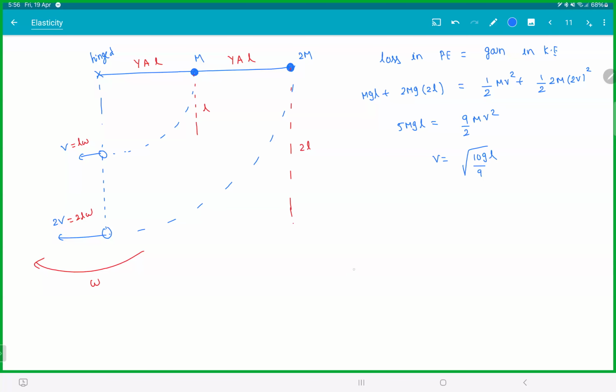Now, if you take the 2m mass, the forces are tension T2 and weight 2mg.